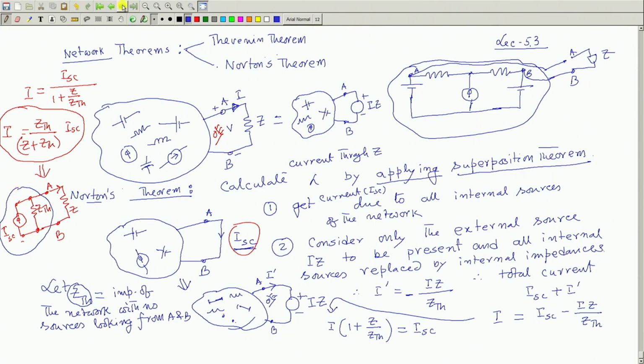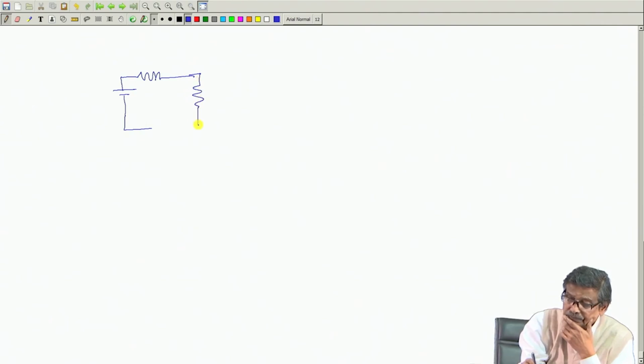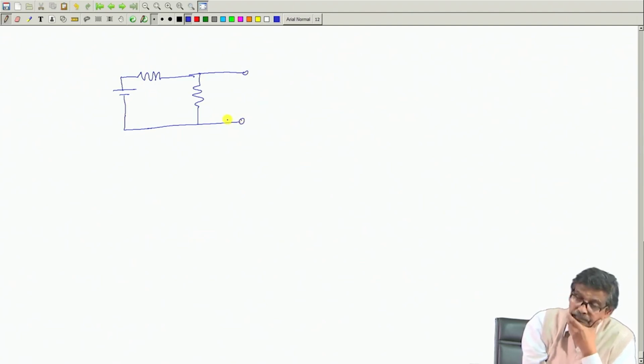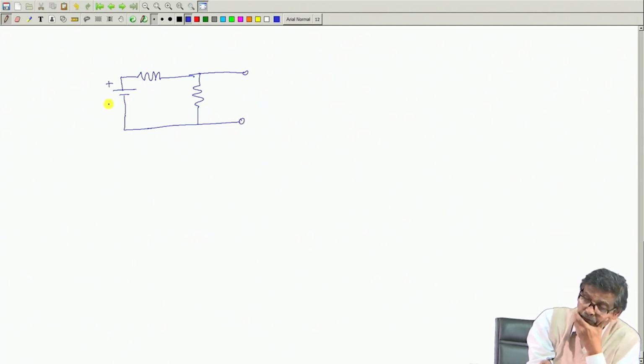To summarize, let me draw some circuit and try to find out Norton's theorem. For example, you have a network. I will take simple network also, very simple networks. For example, this network. Let us do this simple network. This is suppose 10 volt.